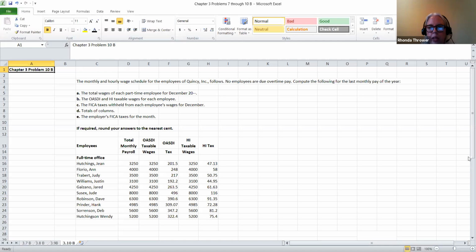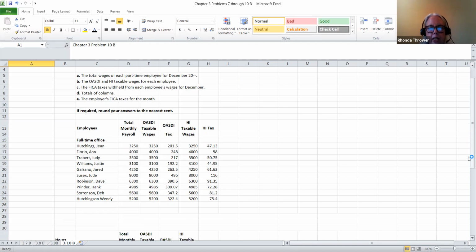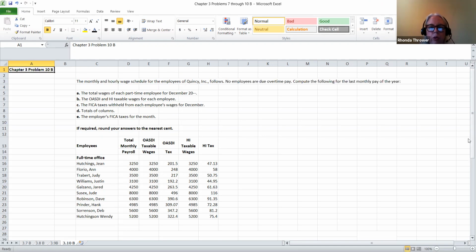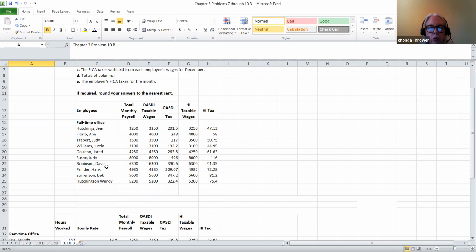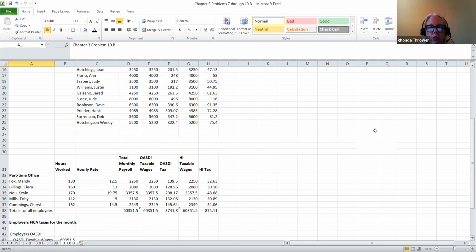I'm going to move to the next problem, and in the next problem, we're finding again the OASDI tax and the HI tax. We're going to have to determine the total wages of the full-time employees and the total wages of the part-time employees.